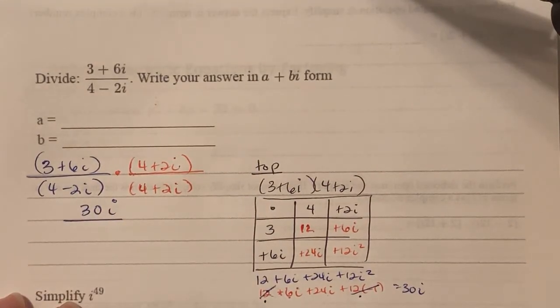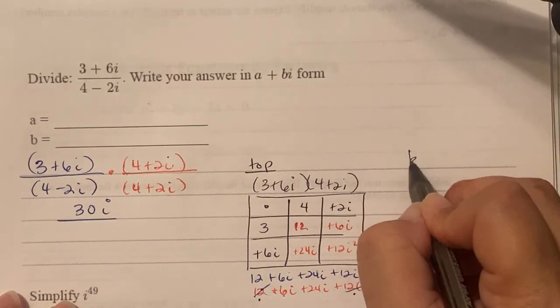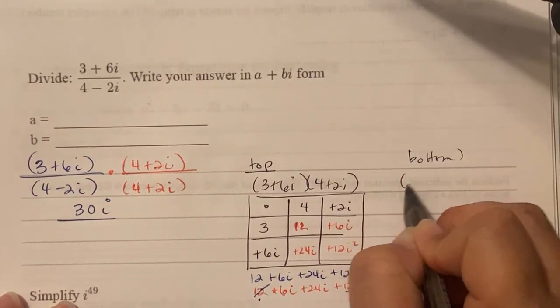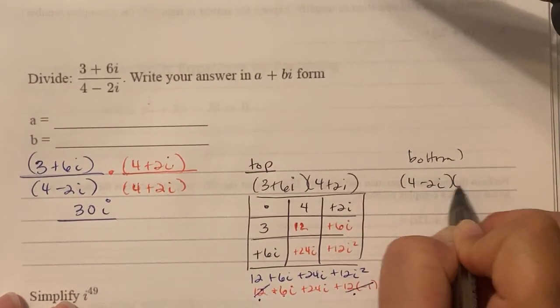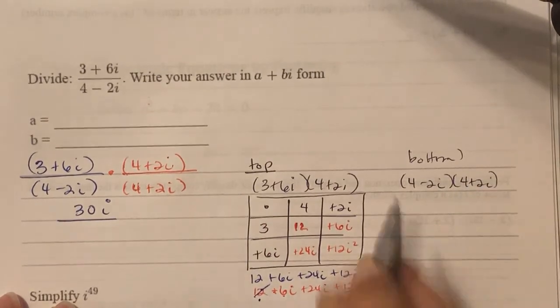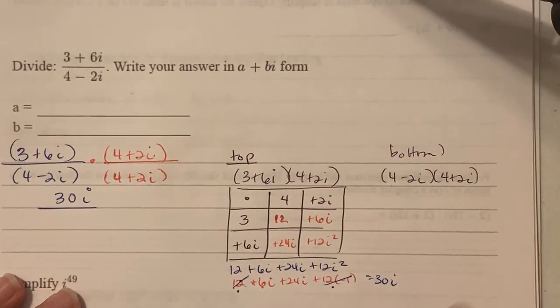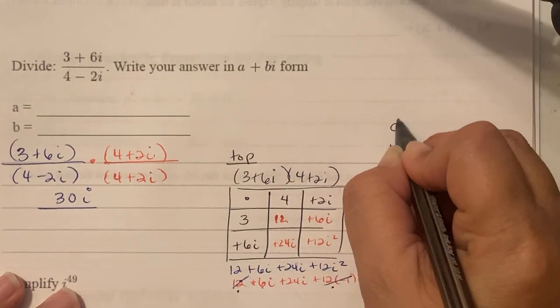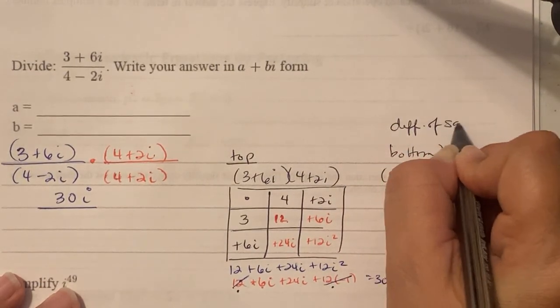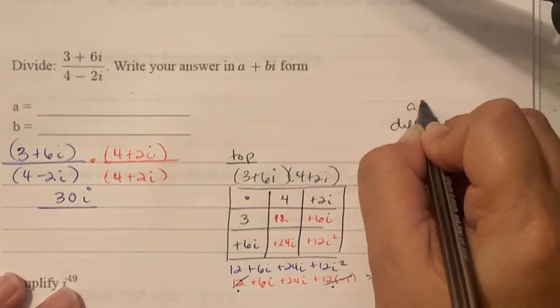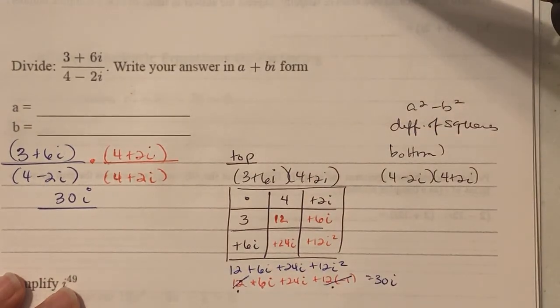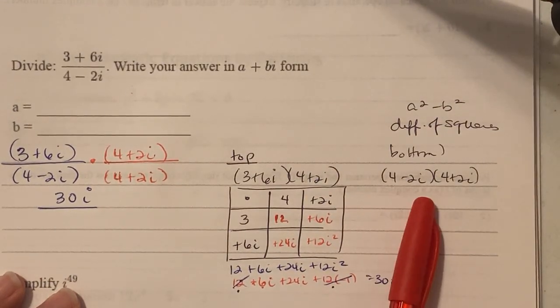When we look at the bottom, we have 4 minus 2i times 4 plus 2i. And back earlier when we were factoring, this is known as difference of squares, which is the a squared minus b squared pattern. So I know what a is. a is a 4 and b is the 2i.